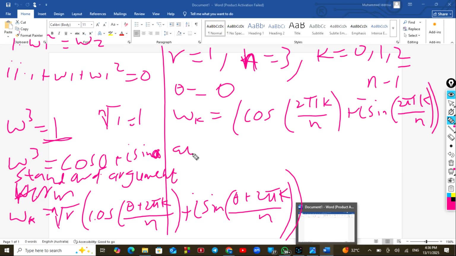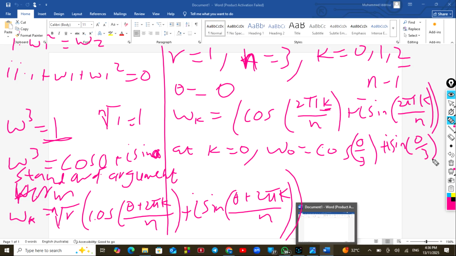So at k equal to 0, W0 will be equal to cos of 2 pi times 0 over our n, which is 3, so 0 over 3, plus i sin 0 over 3.